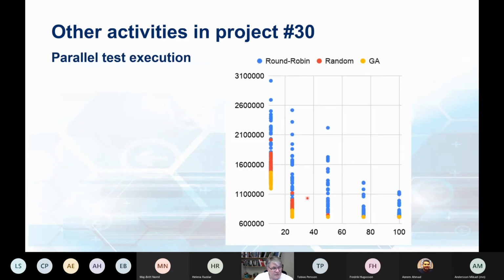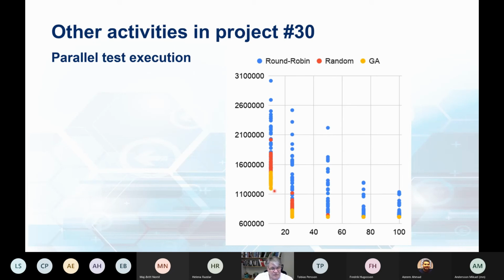We also have an activity Gregory Gay is doing, trying to parallelize tests on different hardware to make the lead time shorter. And this is a picture on some synthetic data where, with an increasing number of hardware units, you can work with the algorithms, either naive round robin, doing simply randomized, or this yellow means that you use some kind of genetic algorithm to do a little bit more clever optimization.